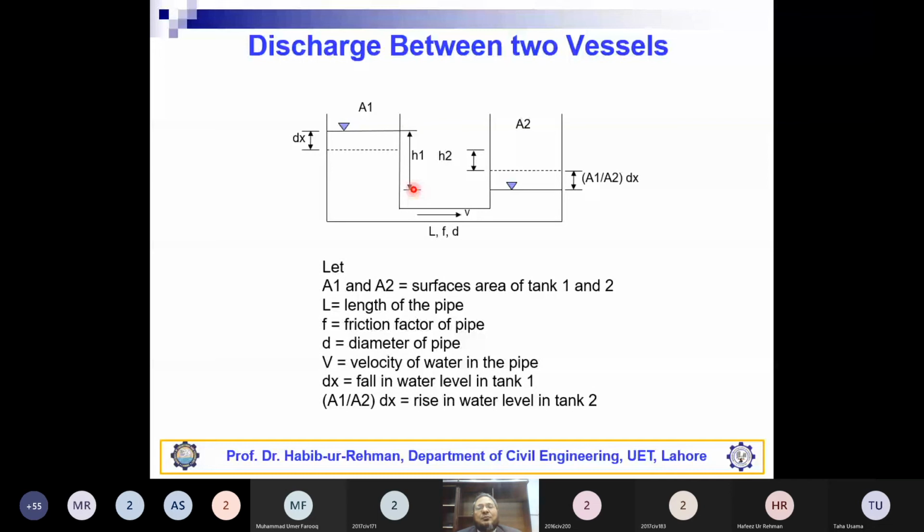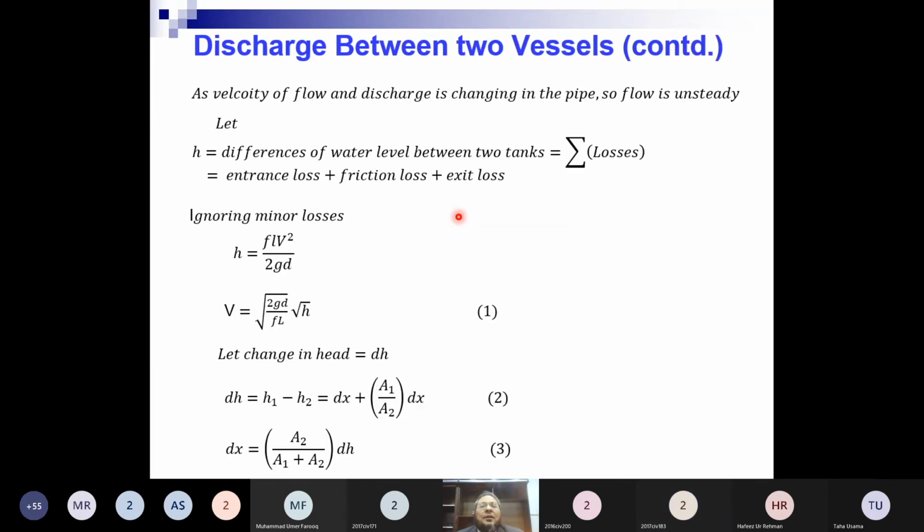Difference of heads between the two reservoirs keeps on changing. वो कम होता जा रहा है, इसलिए यहाँ पे वेलोसिटी भी कम होती जाएगी. और जब ये दोनों लेवल बराबर हो जाएंगे उस वक्त वेलोसिटी ऑफ फ्लो बिल्कुल 0 हो जाएगी. Okay, as velocity of flow and discharge are changing in the pipe, so the flow is unsteady.